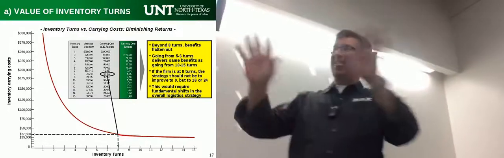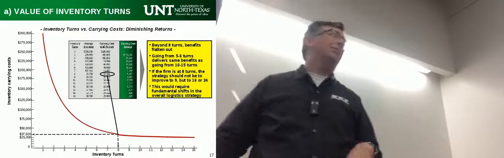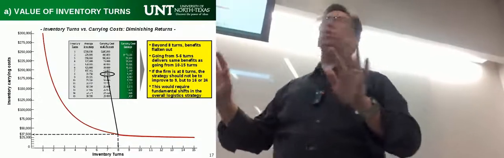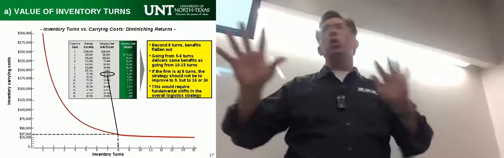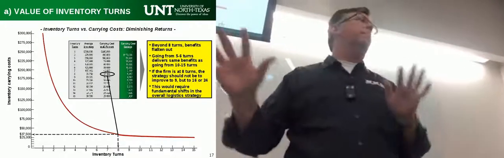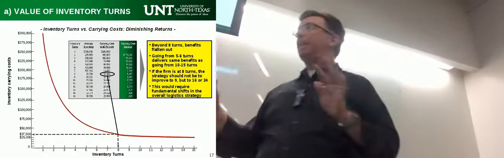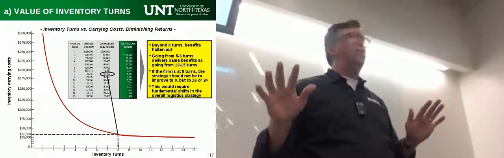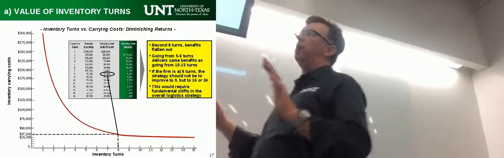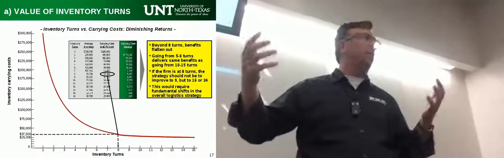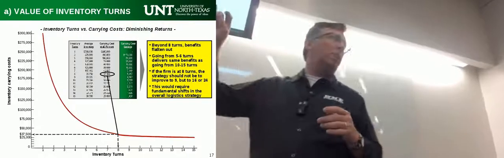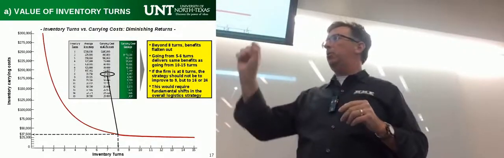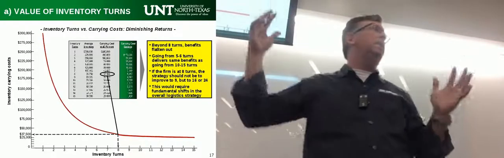Now, that being said, this slide basically says once you get out on that curve, you've got to do something big and strategic to make an impact. That's true for your small growing business. But for somebody like Walmart that's got $500 billion of sales and $400 billion of cost of goods sold a year, going from 8 turns to 8.2 turns matters, because you're multiplying a small improvement by a really big number.